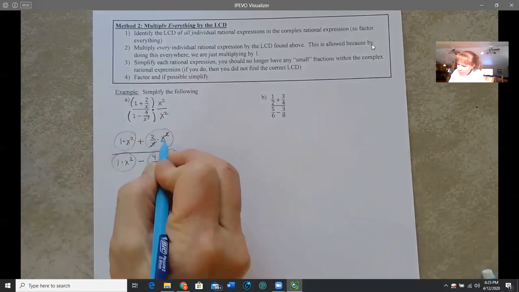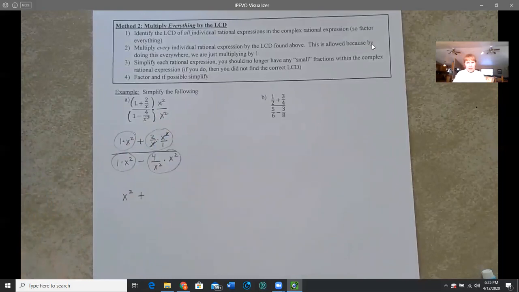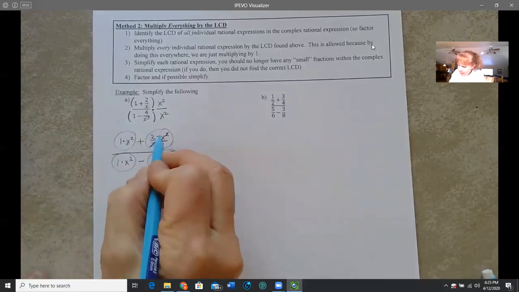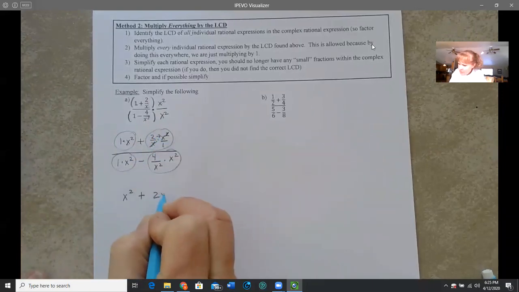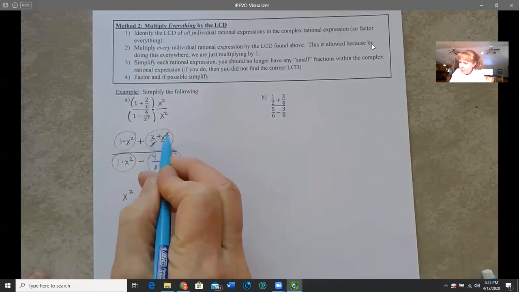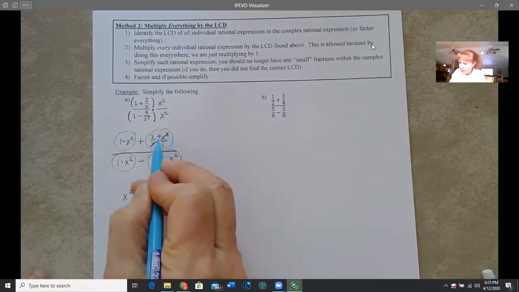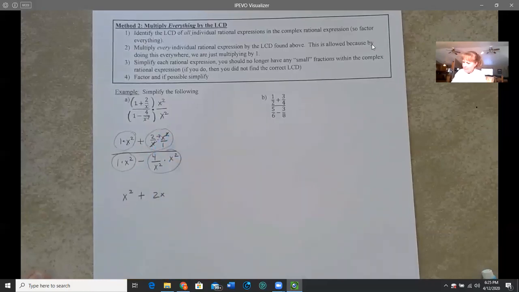You can put this over 1 if that helps. And you end up with 2x when you multiply across. When these bases are the same, you subtract exponents. 2 minus 1 is 1. Okay? So there's our numerator, x squared plus 2x.